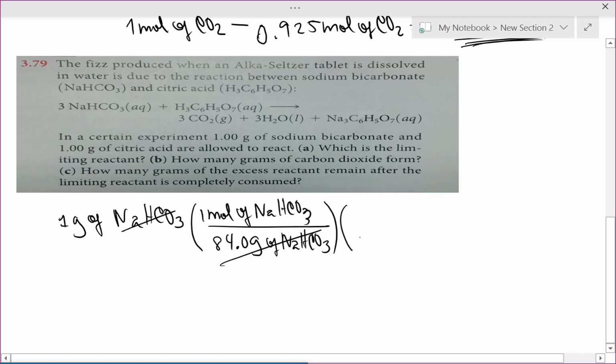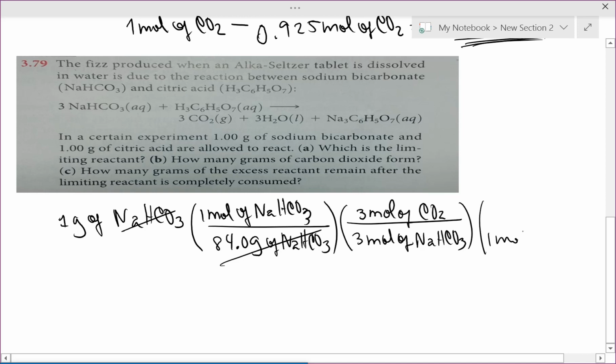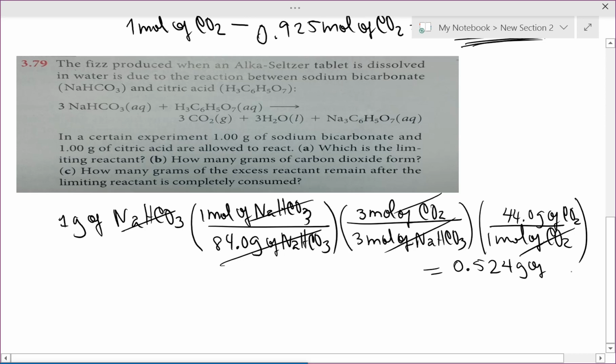So per 3 moles of sodium bicarbonate, we have also 3 moles of carbon dioxide. Per 1 mole of carbon dioxide, we have 44 grams of carbon dioxide. We cancel these units out and we get that this is equal to 0.524 grams of carbon dioxide.